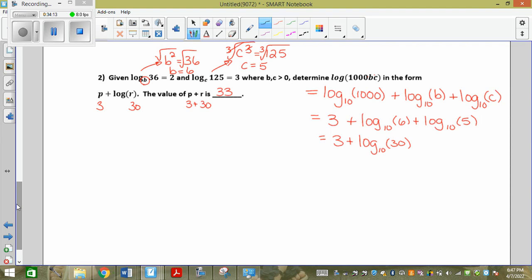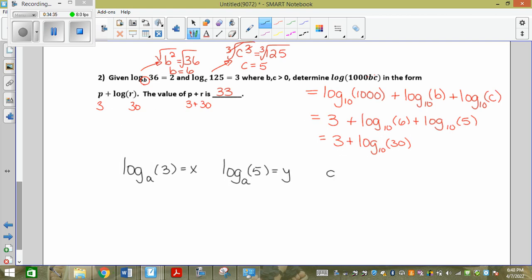I would give you log base a of 3 equals x. And then I would give you log base a of 5 equals y.